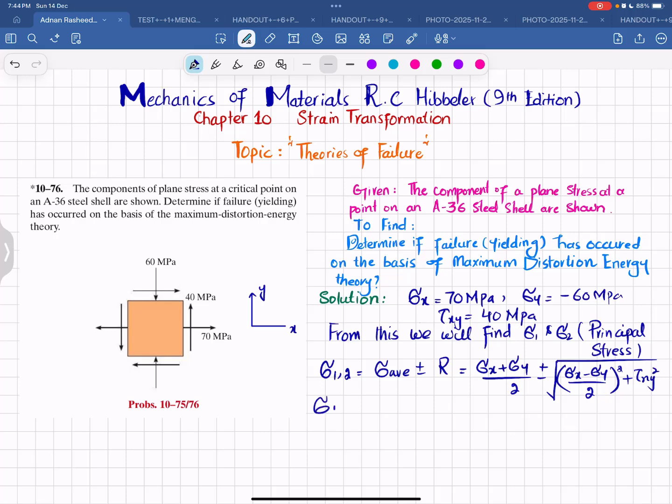Now we will put the values over here. Sigma x is 70 plus minus 60 divided by 2 plus minus under the root of (70 minus 60 divided by 2) whole square plus tau of xy is 40 square.